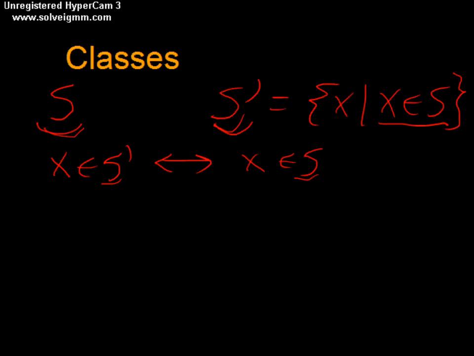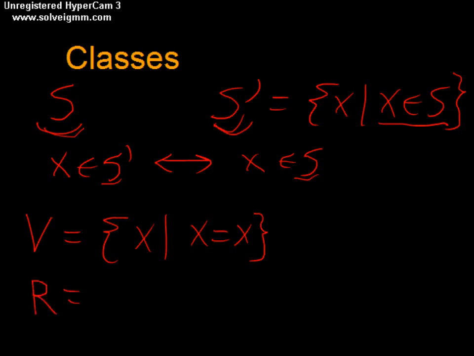Now a class that does not come from a set is called a proper class. Some examples of proper classes are V, the class of all x so that x equals x. This is the class of all sets, or the universe. We also have the Russell class of all sets x so that x is not an element of x.